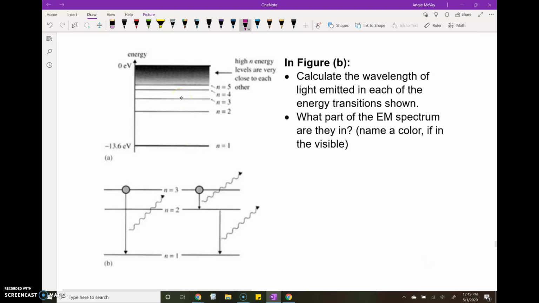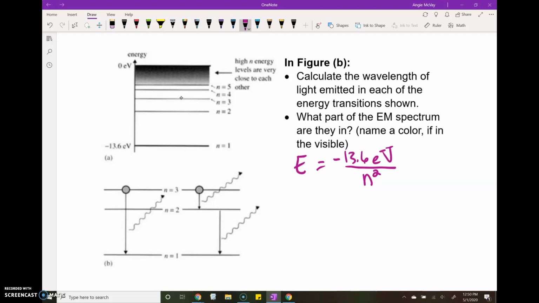And remember, you can calculate how much energy an electron has at any of these excited states or the ground state by taking negative 13.6 electron volts and dividing by which energy level the electron is at, squared.